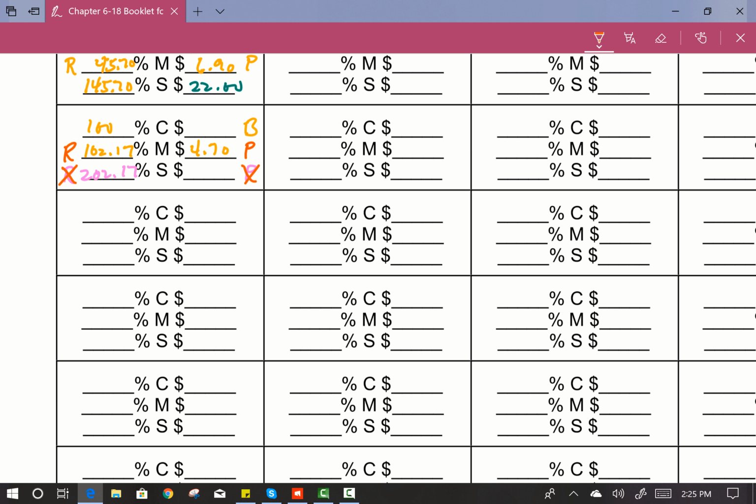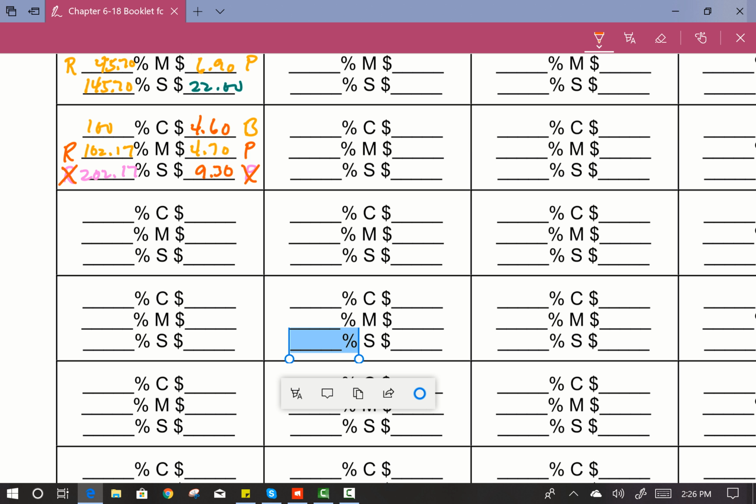which is after I move the decimal point 2 places to the left, and that's going to give me a base of $4.60. Okay, then I just add my markup of 4.70 to the cost of 4.60, and that'll give me a total amount of $9.30.